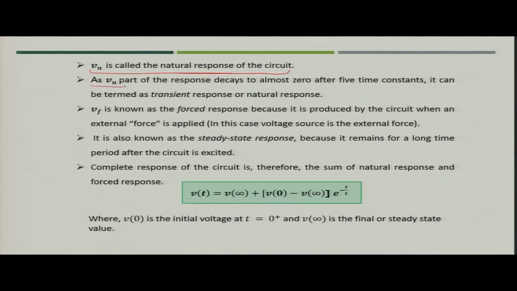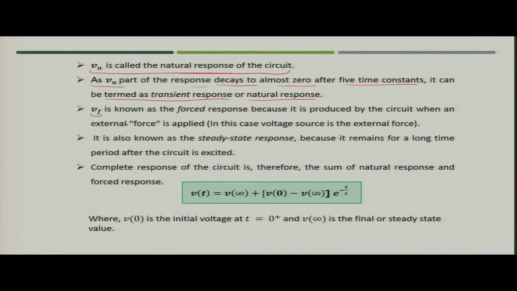As Vn is the part of the response which decays to almost 0 after 5 time constants, it is generally termed the transient response or the natural response. Why is it called the natural response? Because it is a source free or sourceless response of the circuit, where no external source was applied.